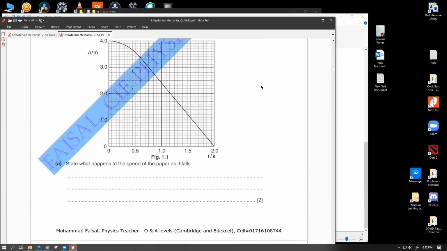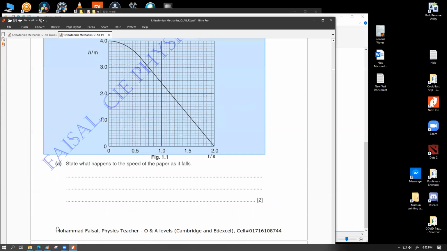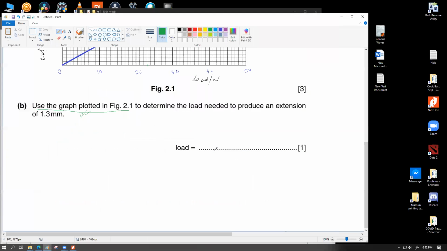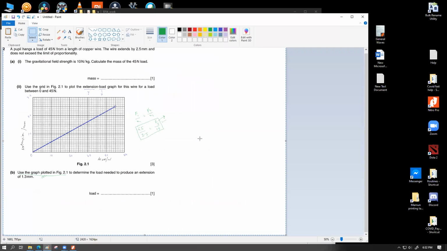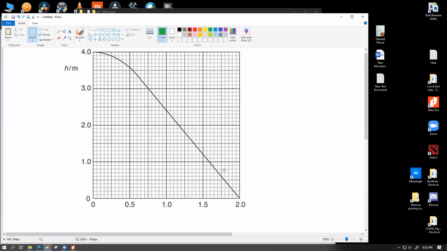That can be very easily done. Let me show you. If I take this out, delete this whole paste. So we are asked to calculate the speed of the thing at 1.5 second. So we are trying to find out the gradient of this point. So this is a pretty long straight line. So you can use any size triangle that matches with this straight line and go on to calculate the gradient.